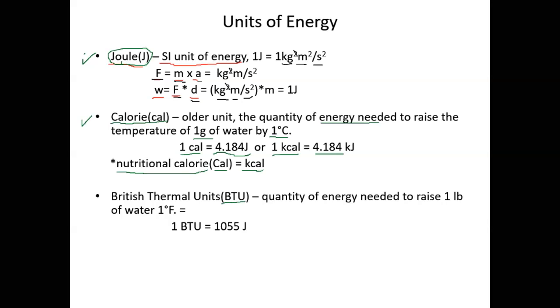It's the energy needed to raise 1 pound of water by 1 degree Fahrenheit. 1 BTU equals 1055 joules. So from this, the most important conversion factor to remember is that 1 calorie is 4.184 joules.